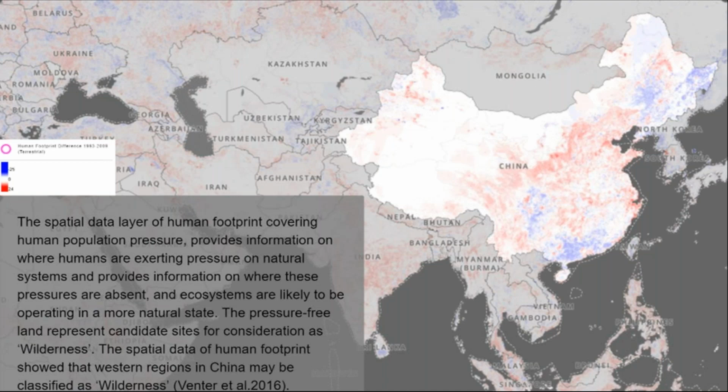The pressure-free lands represent candidate sites for consideration as wilderness. It can therefore provide a yardstick for choosing production and consumption patterns and development of environmental economic policies. This guides the drive towards ecological civilization in China, as is shown in this figure. The western regions in China may be regarded as wilderness. Next slide, please.